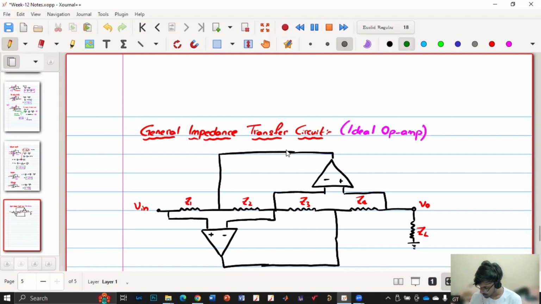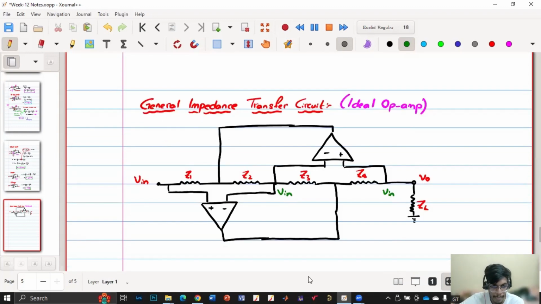Then we know that there is a virtual short. So if this is V in, this is V in, right? And if this is V in, then this is also V in, because it is virtually shorted. Now, for Z1 and Z2, say the current here is negligible, so the current here is zero and the current here is zero.